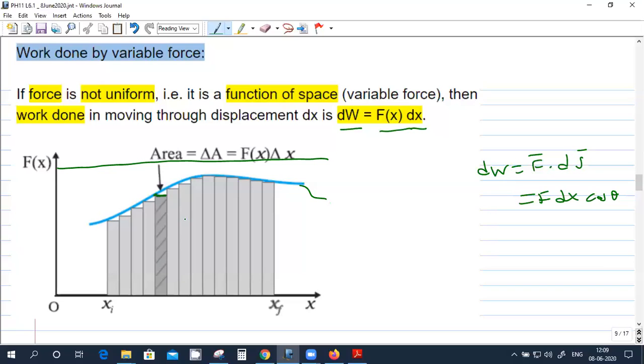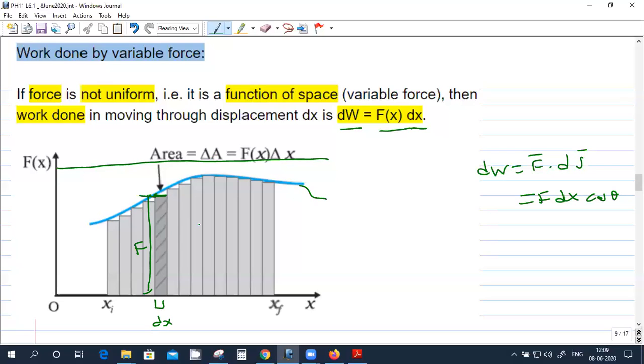So the work done in this interval is F into dx, where this vertical line is F and the horizontal is dx. So the work done is the area of this element.